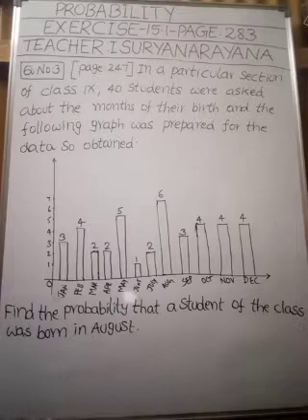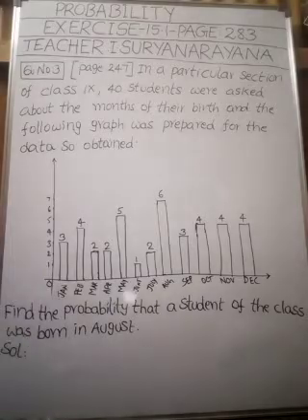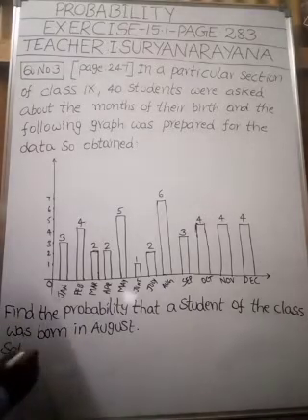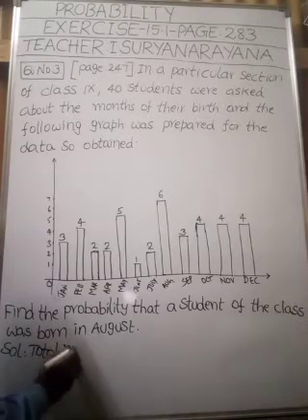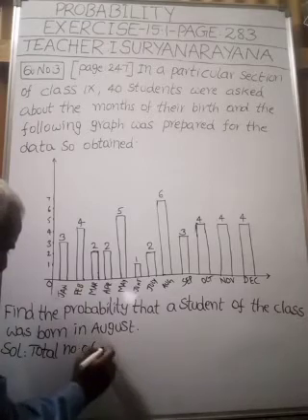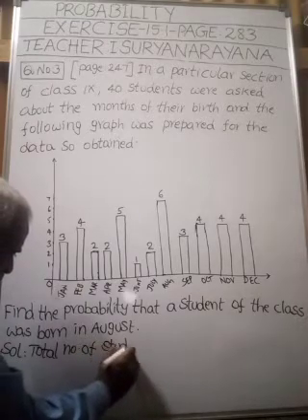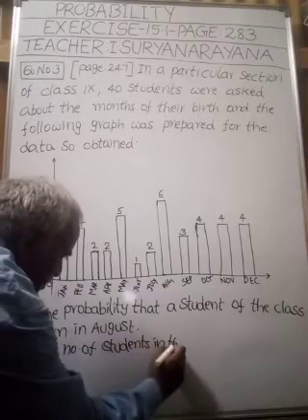Right. Now let us find the probability. Total number of students. How many students are there? 40.